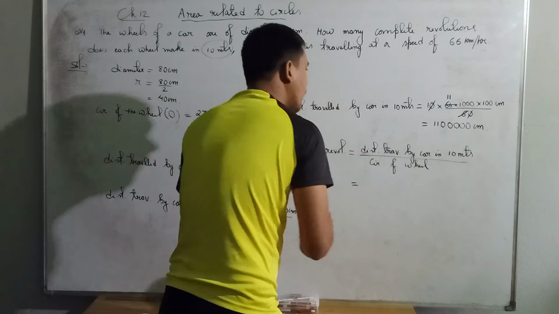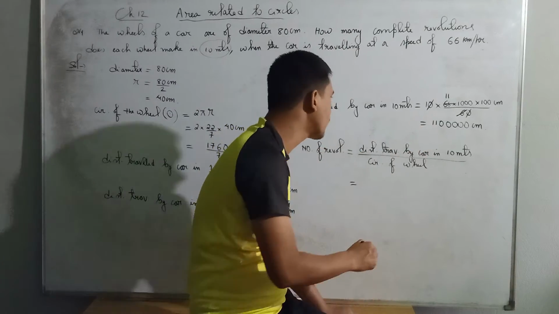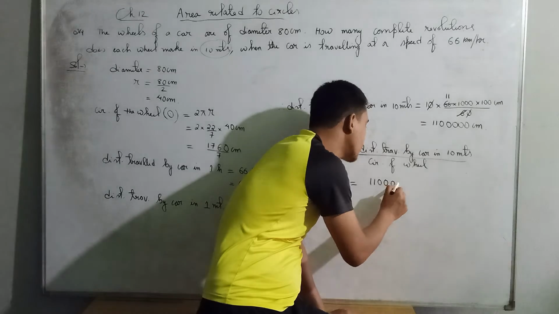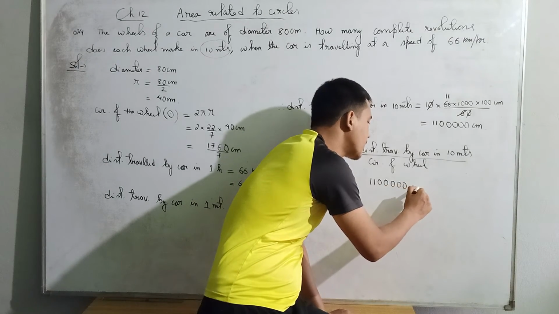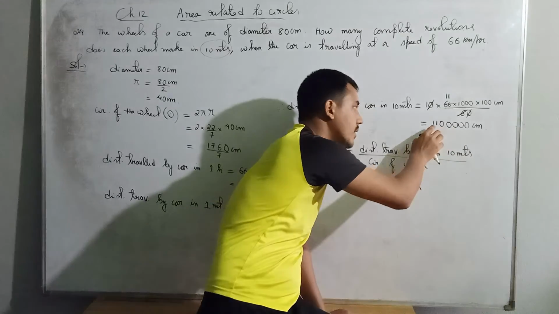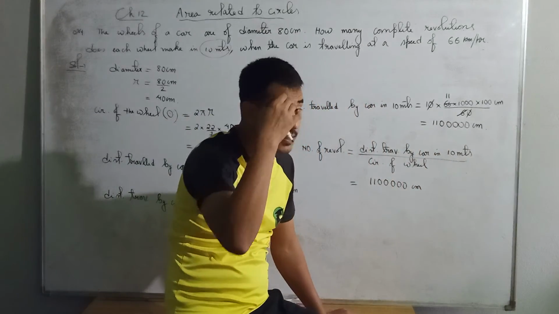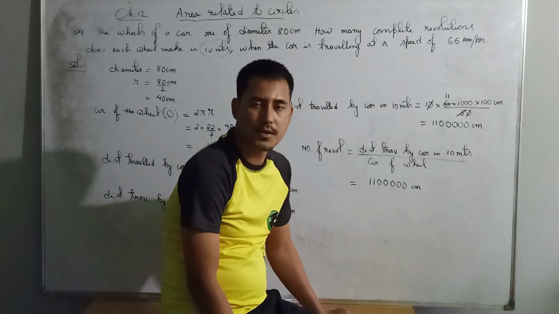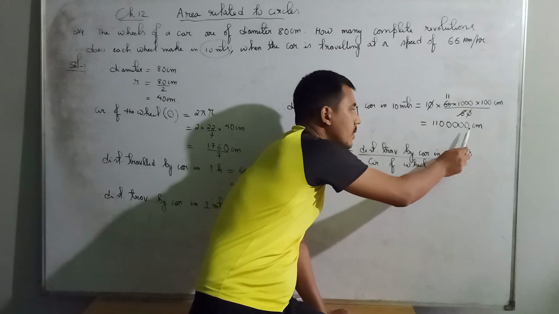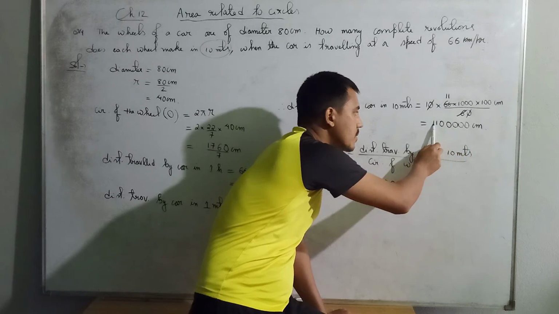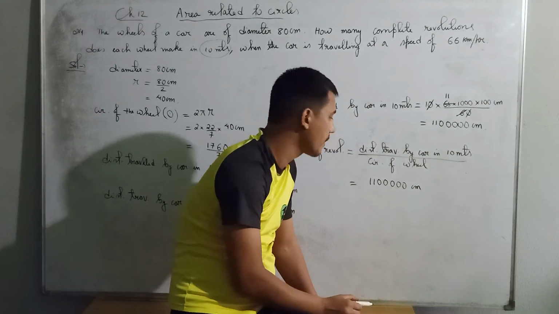The distance traveled in 10 minutes is 11 and then 5 zeros, centimeter, which is 11 lakh centimeter, or 1.1 million in the international system.